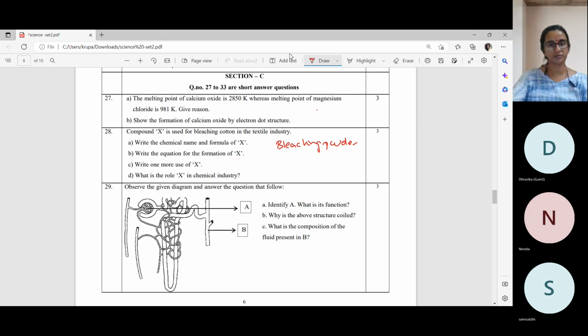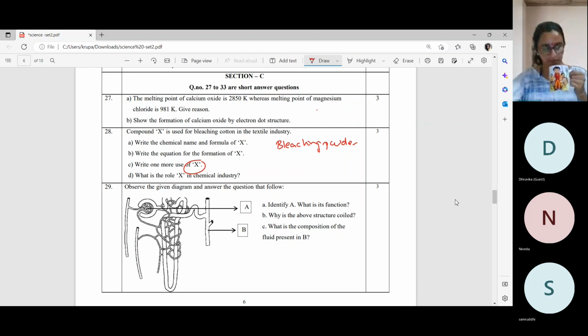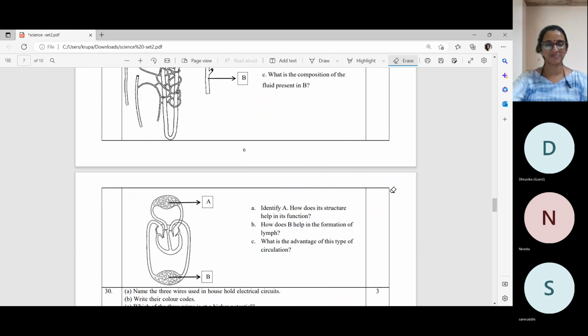Awesome. One more usage of bleaching powder? Disinfectant. Yes, perfect. And finally, its role in the chemical industry? Used as an oxidising and bleaching agent. Okay. All right.